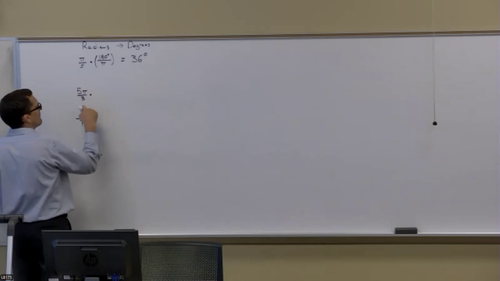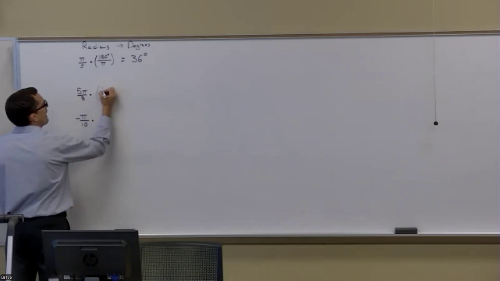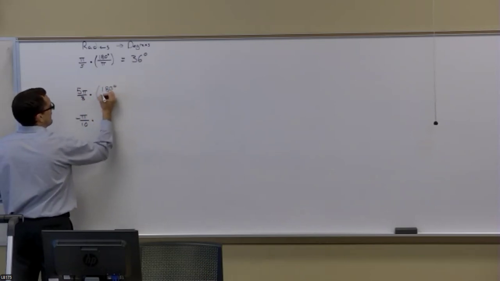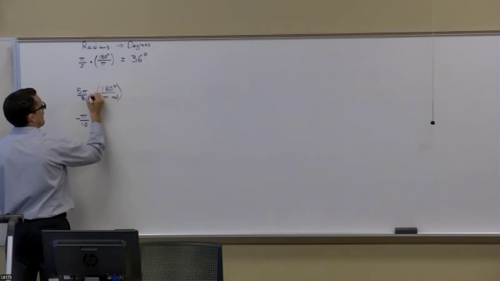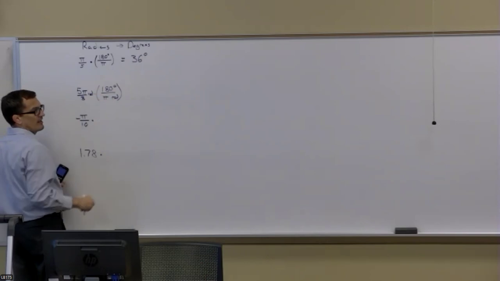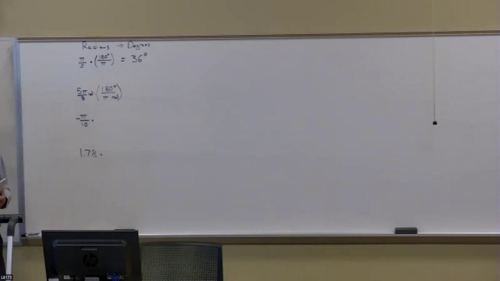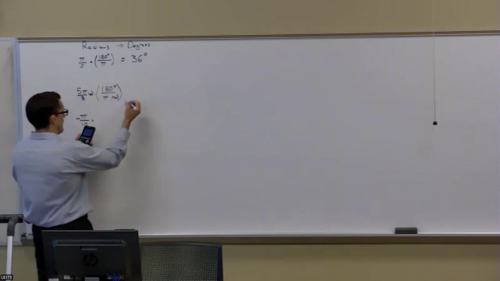When I take 5 pi over 3 and multiply it times 180 degrees divided by pi radians, I'm not writing the radians, but I could put radians and show you that those labels cancel out. That becomes 300 degrees.